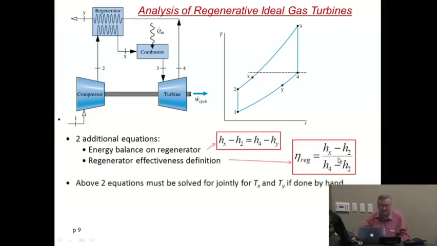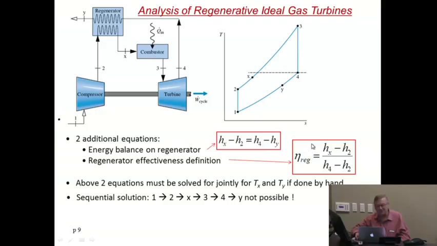The fact is that when you try this in an actual problem set, you're not going to be able to find a direct linear solution. You're going to have to solve these two equations for two unknowns simultaneously. I'm going to have to solve this for Hx and plug it in here and solve for Hy, etc. Put that in your cycle. So two equations, two unknowns have to be solved by hand.